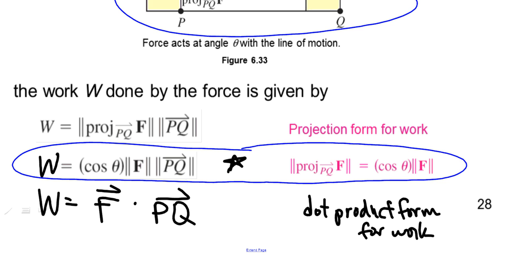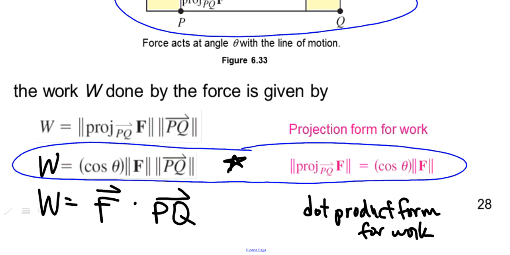Work is the projection of F onto PQ, that's the projection form, times the magnitude of PQ. And then the version that we're going to use is cosine theta times the magnitude of the force times the magnitude of PQ. And it's also then just the vector F dot PQ.